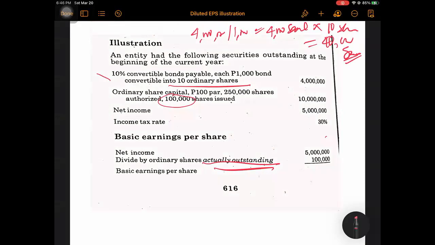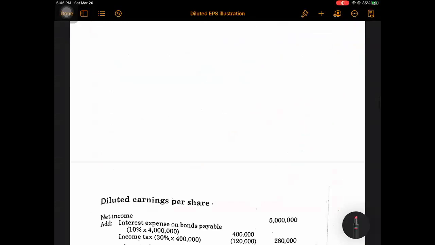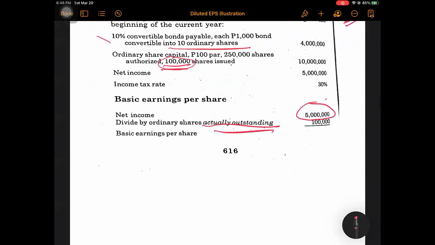So we use the full net income of 5 million, divided by the actual outstanding ordinary shares of 100,000 shares. Therefore, your basic earnings per share is 5 million divided by 100,000, so 50.